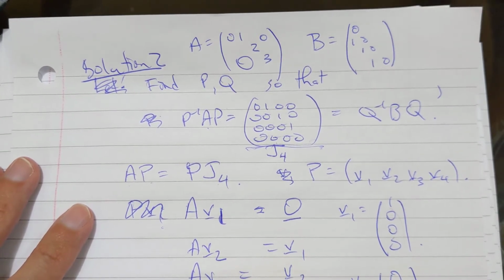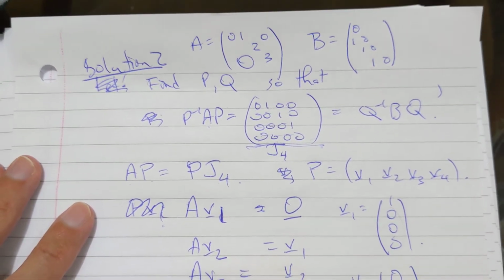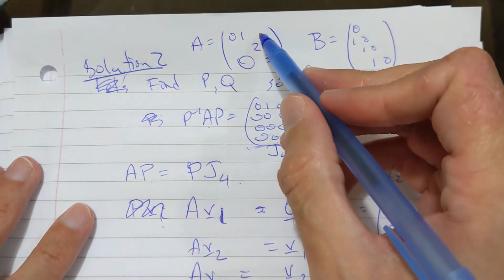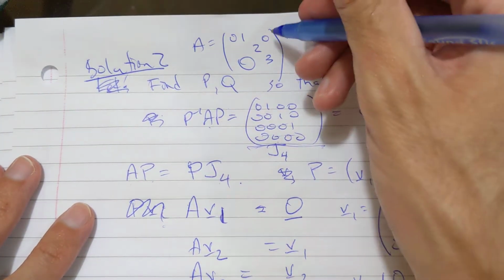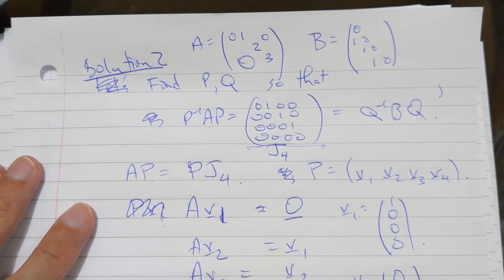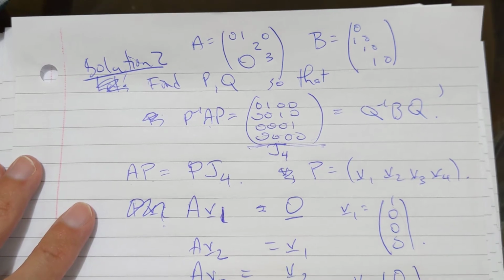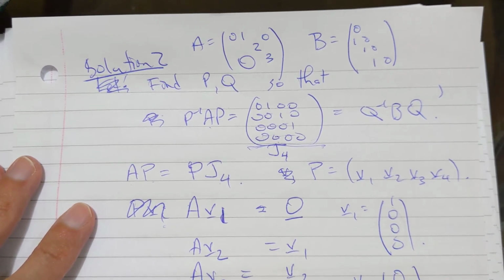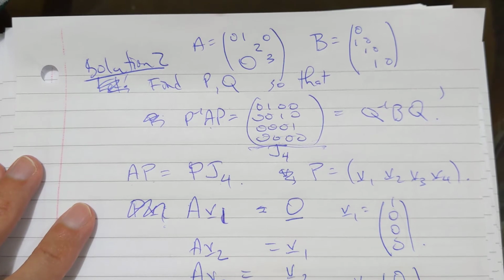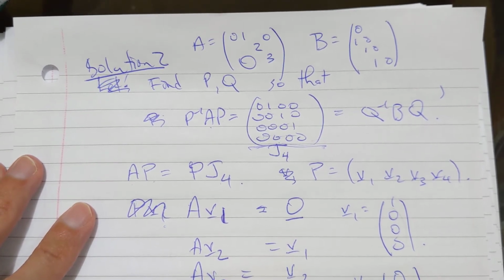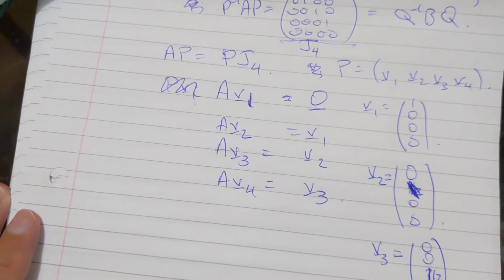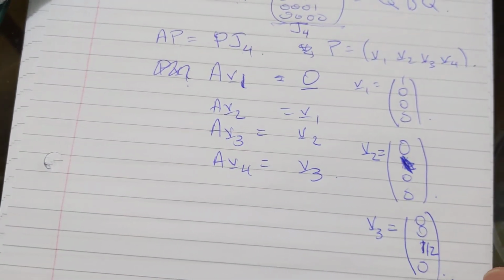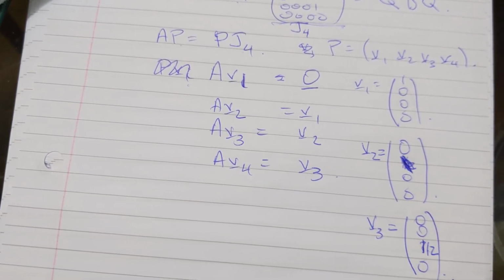Let's put a question mark there, and whatever is here, when we multiply it by A, we'll get 0, 2 times our question mark, 0, 0. We want 2 times the question mark to be 1, so this is where we put that 1/2. Similarly, for V4 we would need a 1/6.